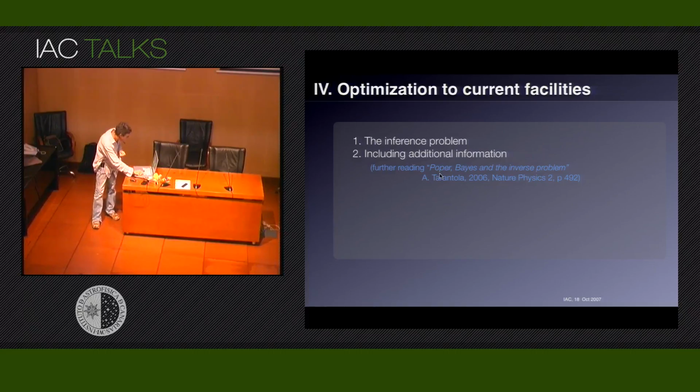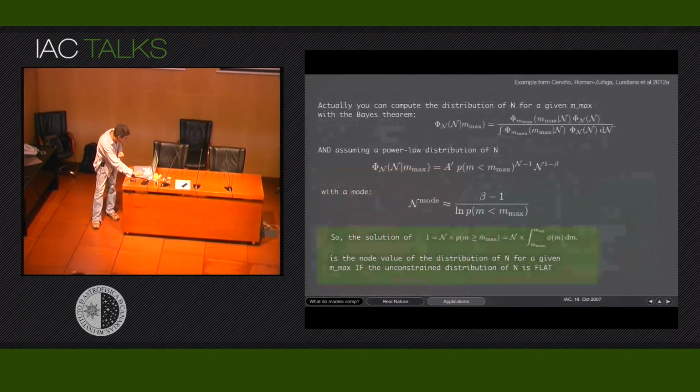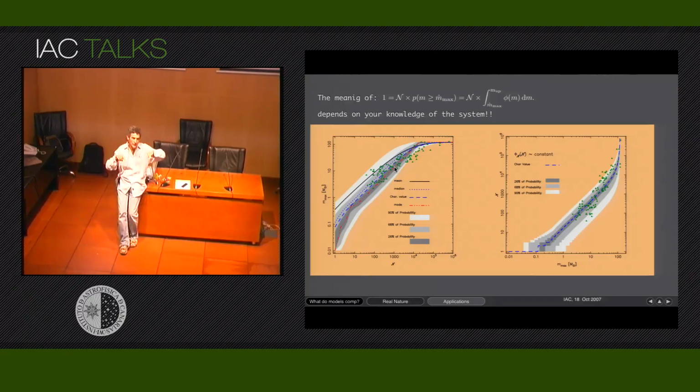As another example, if you go to this slide, these are observational data points with the maximum mass of a star in a cluster and the total mass of the cluster. Actually, these total masses have been obtained assuming that there is a flat distribution of the possible number of stars.